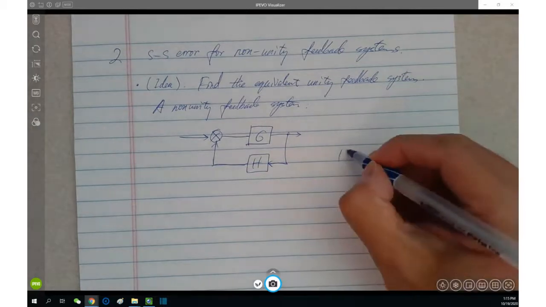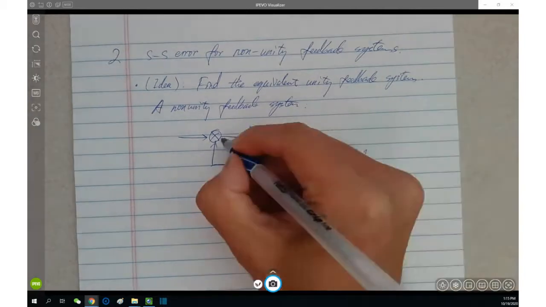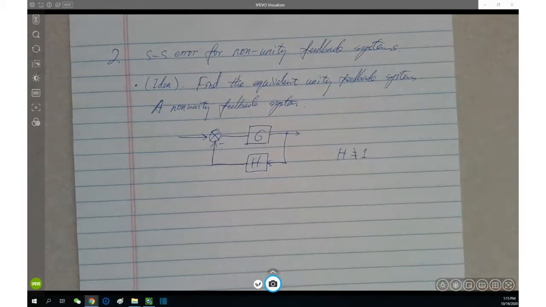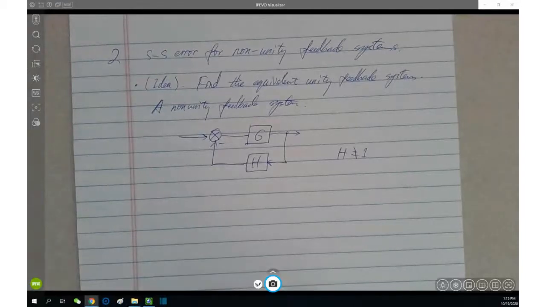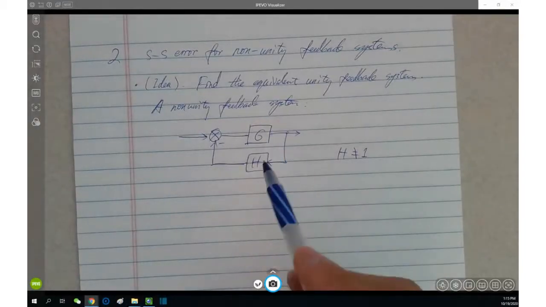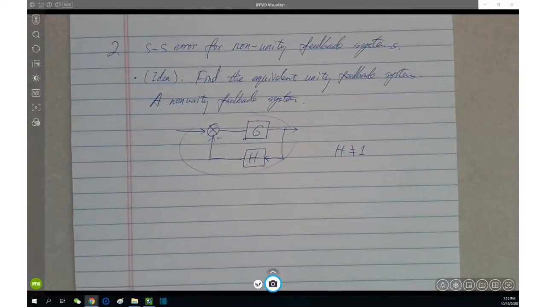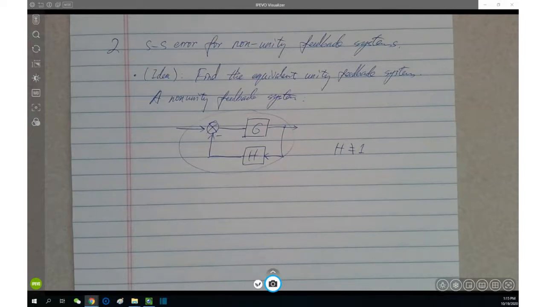Saying H is not equal to 1. Right. Then how to find the equivalent unity feedback system for this? We need to do some block diagram algebra, right? Which was module 2 knowledge.